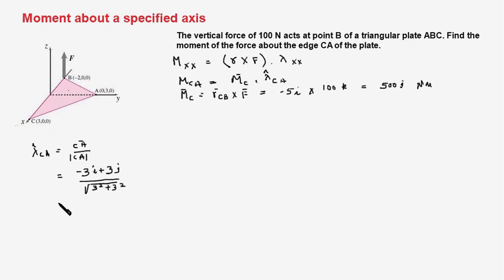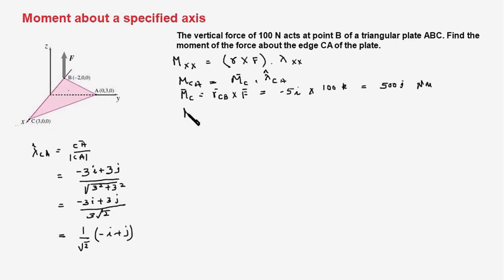So this will be equal to minus 3I plus 3J whole divided by 3 square root 2, and that will be equal to 1 upon root 2 times minus I plus J.